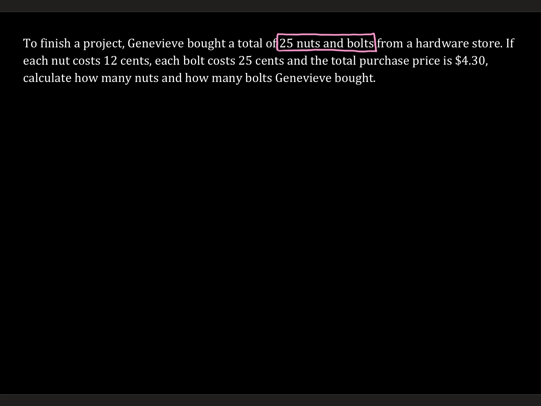If each nut costs 12 cents, and each bolt costs 25 cents, and the total purchase price is $4.30, calculate how many nuts and how many bolts Genevieve bought. Okay, so we want to know how many nuts and how many bolts she's bought.